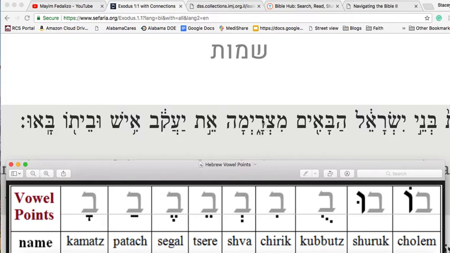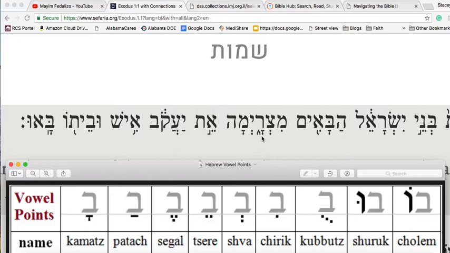So it goes meets ra, yud with a shva. So it goes meets rai. We don't pronounce that. Mitzrai, and then a mem with a kamatz, and then a silent hey at the end. So it goes mitzrai ma. Mitzrai ma.